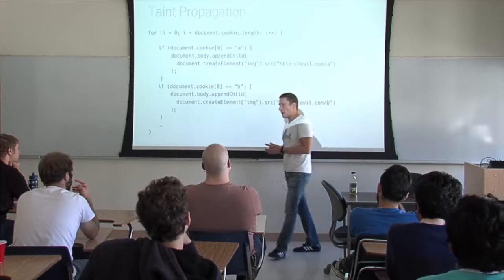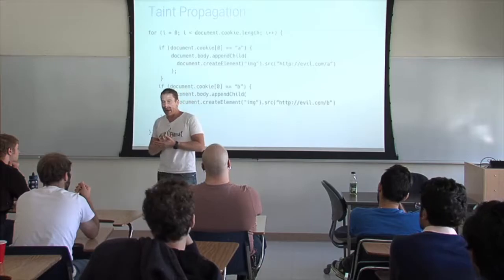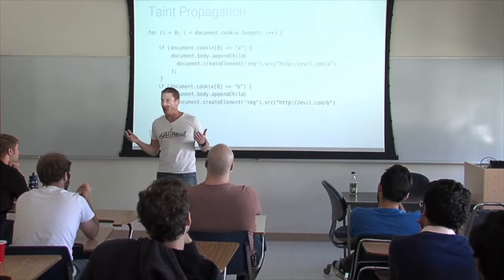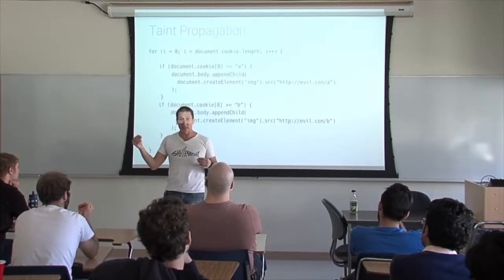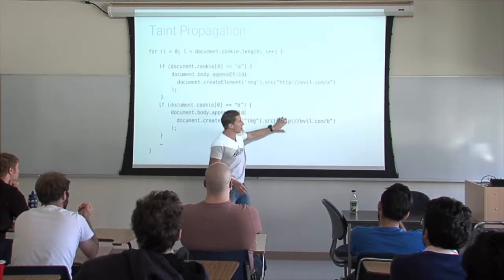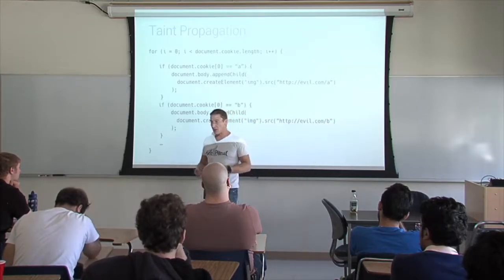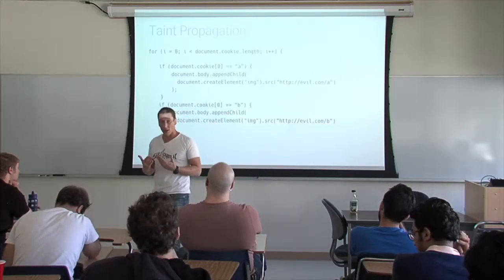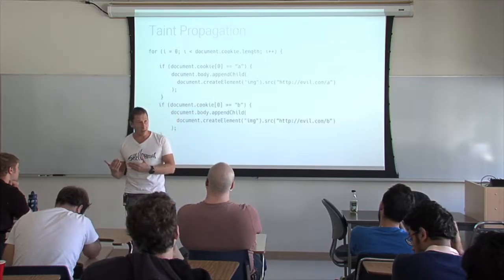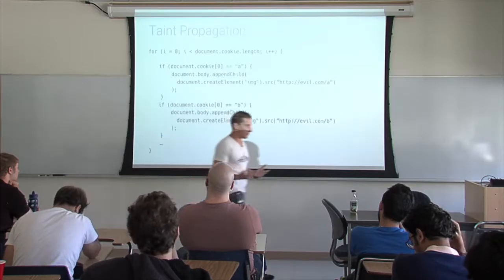So they can just wait and see the sequence of requests that will be made, which will completely disclose the cookie. So the cookie has been leaked even though it was never used, for example, to create a URL to be sent out. You can see that you can use just this dependency between the content of something and the actions that are taken to leak the content of the cookie itself.